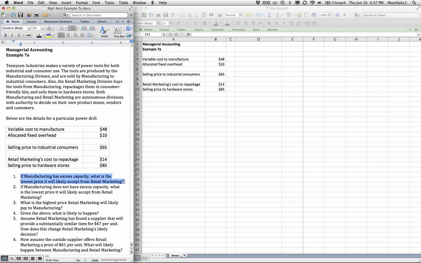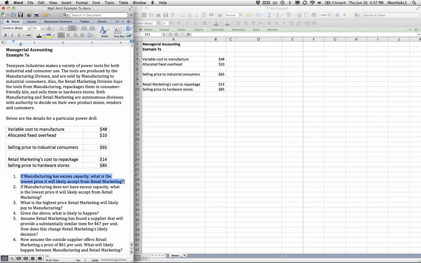One of the nice things about transfer pricing is you don't really have to worry about your customers finding out and getting upset if you're making an internal transfer at a price that's lower than a market price. First of all, your outside customers are unlikely to find out. And second of all, even if they do, that's a fairly expected thing, that internal transfers are going to happen at a lower price than external sales.